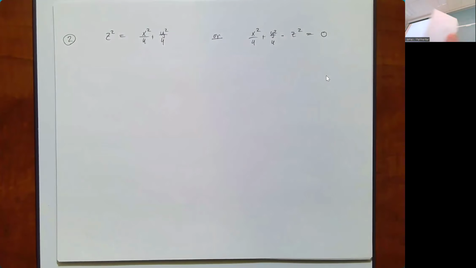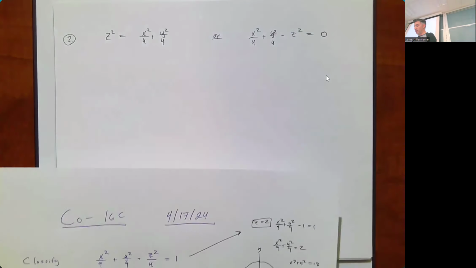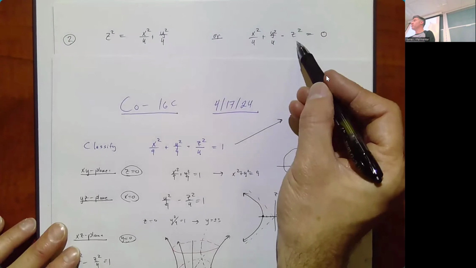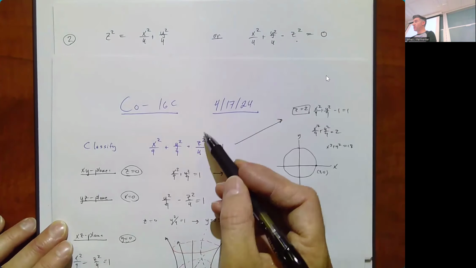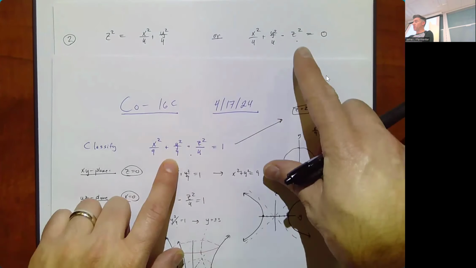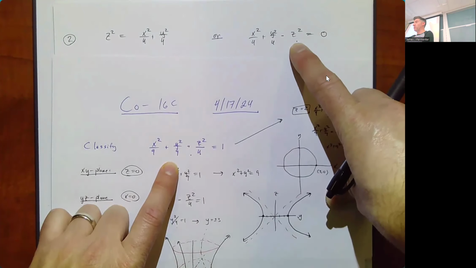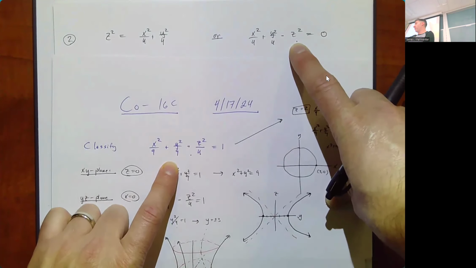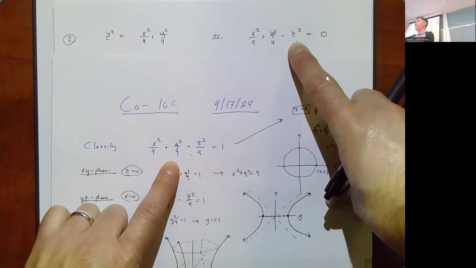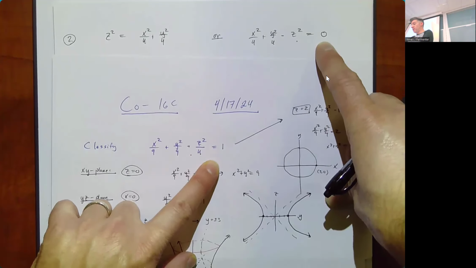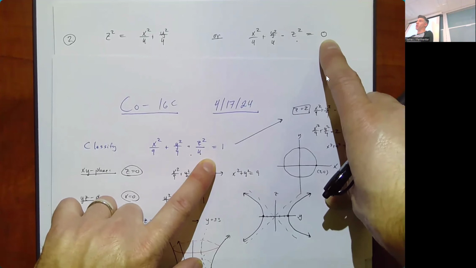And so coefficients notwithstanding, these two equations look pretty much the same. Yes, divided by 9 versus divided by 4, but really they're very much the same, except that this one down here was equal to 1 and this one up here is equal to 0.